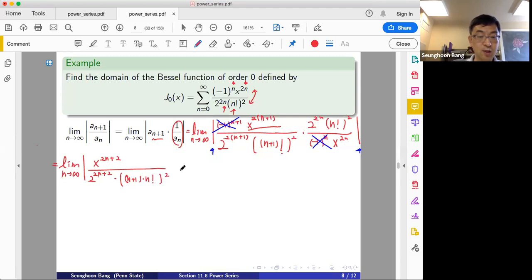Times 2 to the 2n times n factorial squared over x to the 2n.